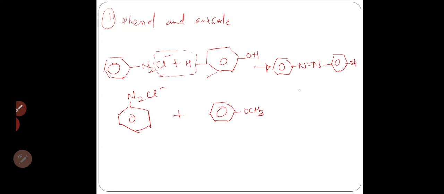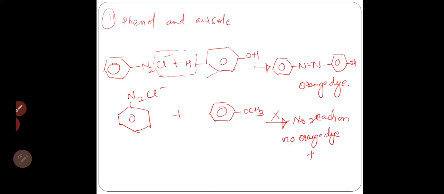Because of the formation of this, you will get an orange dye. Now again here, the same reaction will not occur. No reaction, no orange dye formation. So this is how you have to write. Okay, sir? Phenol and anisole.